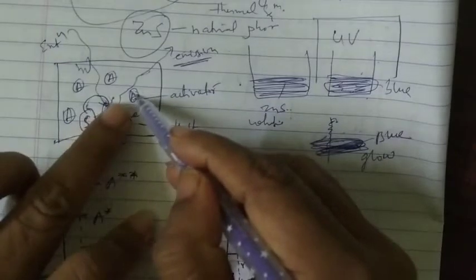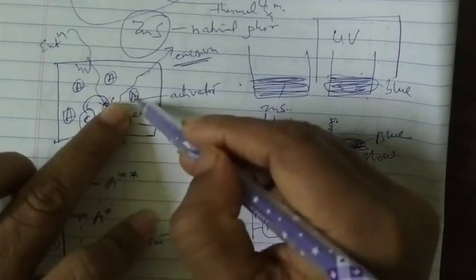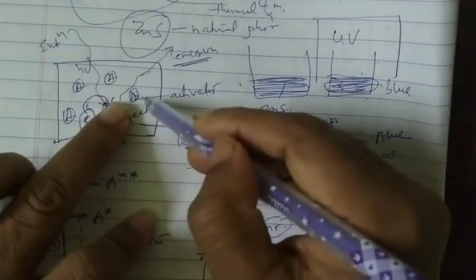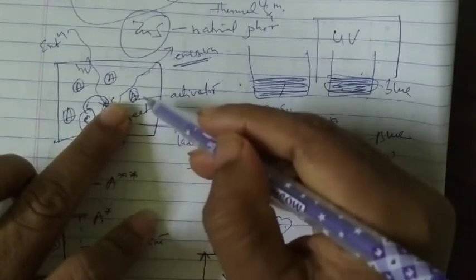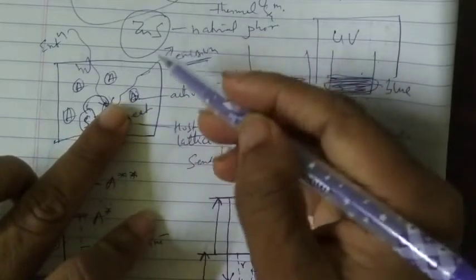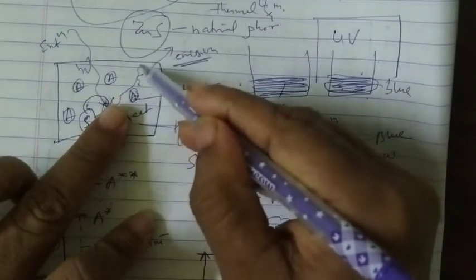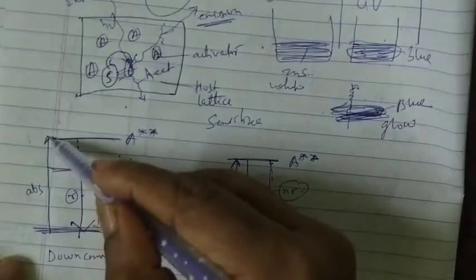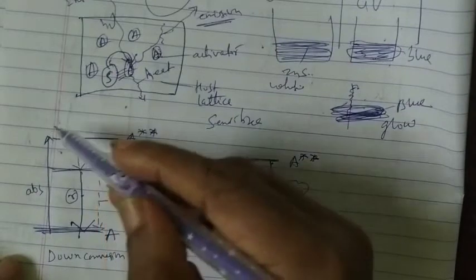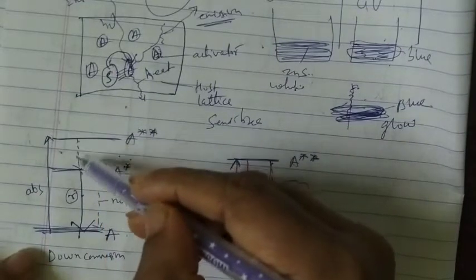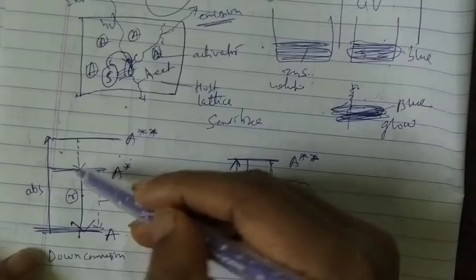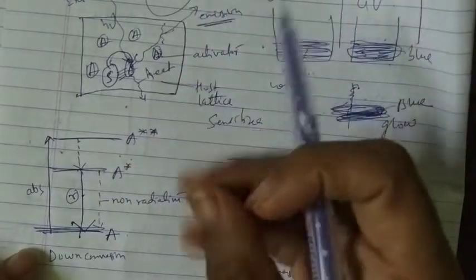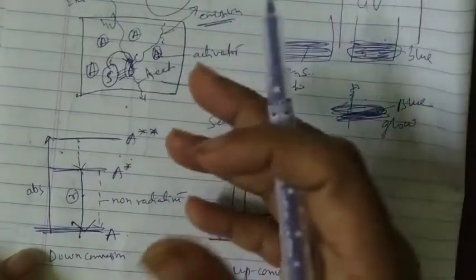So activators also have electrons, so energy passes to these electrons within this activator ion, and what happens, they move to a high energy level. Like this you can see they go to a higher energy level. Then, upon relaxing back to the low energy level, the electrons lose energy as an emission of light.